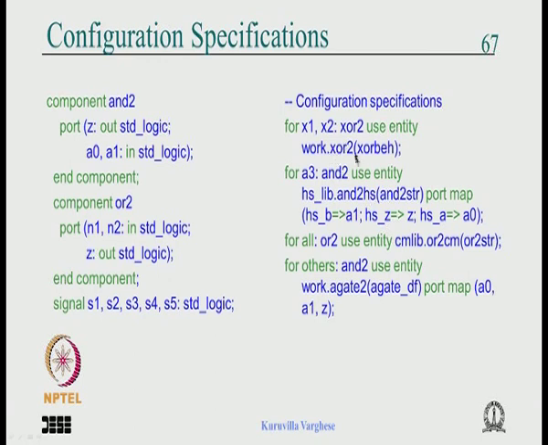We assume that we have written an entity called XOR 2 with multiple architectures which is compiled into the work library, and you see in the bracket XOR behave or beh, which is the architecture we have used, okay. So we assume XOR 2 has multiple architectures, and this is the particular architecture we want to use for X1 and X2.